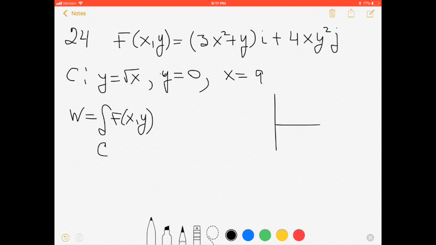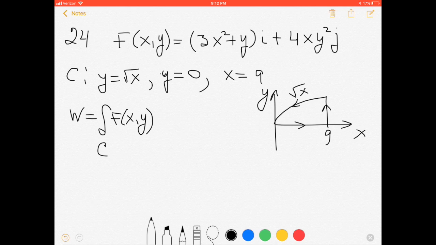First, looking at our region, what do we have here? Square root of x will be something like this. Y equals 0 is the x axis, this is the y axis, and x equal to 9 is a vertical line. This means here we have something like this. This is 9, the square root of x.